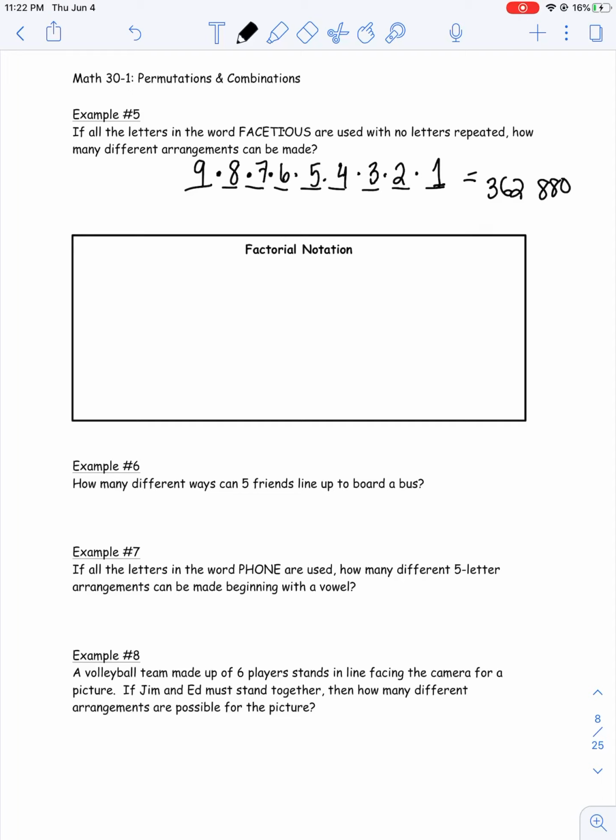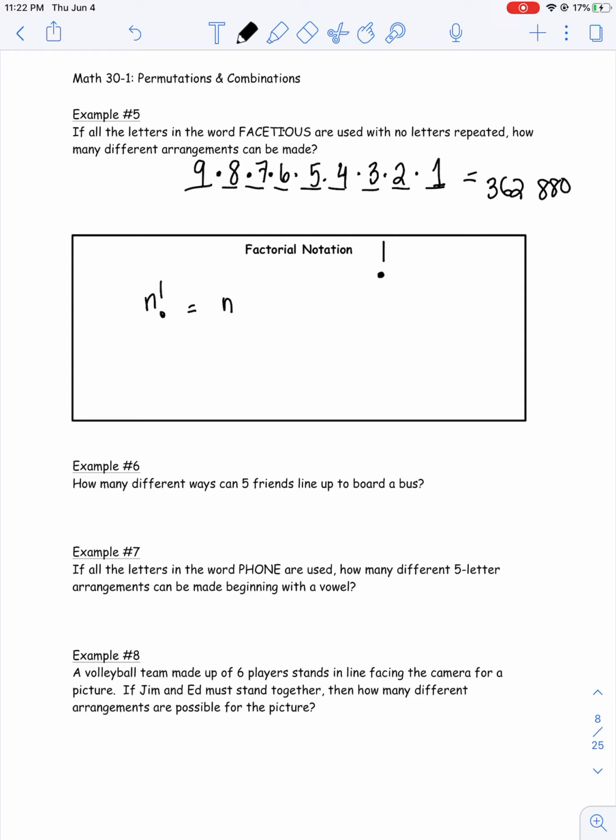So the next thing we're going to be introduced to is an idea called factorial notation. What factorial notation looks like is an exclamation mark. So n factorial is a shorter way of writing a number counting down to 1.